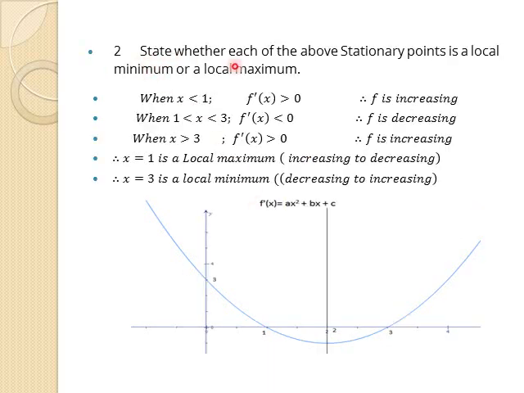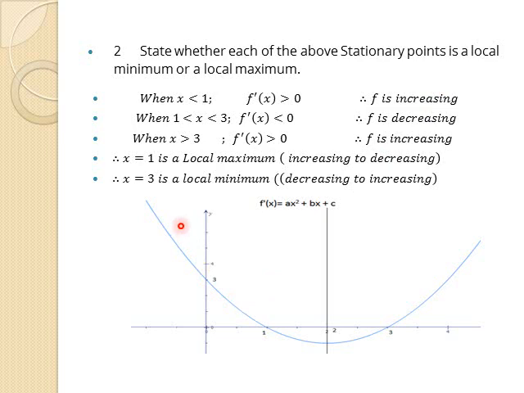Second question, state whether each of the above stationary points is a local minimum or local maximum, meaning it's either concave up or concave down. So you look at the graph when x is less than 1. What is the parabola doing? The y values are increasing, so my first derivative there is greater than 0, f is increasing.